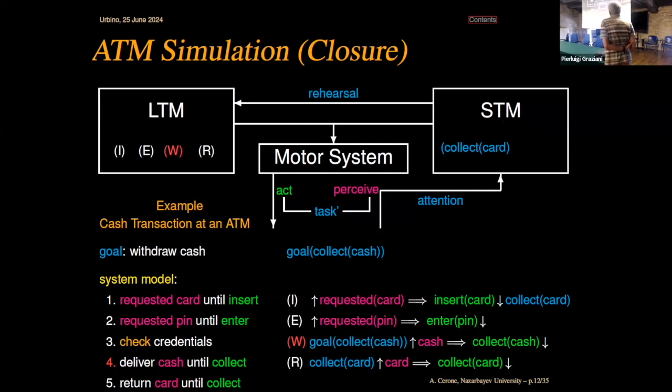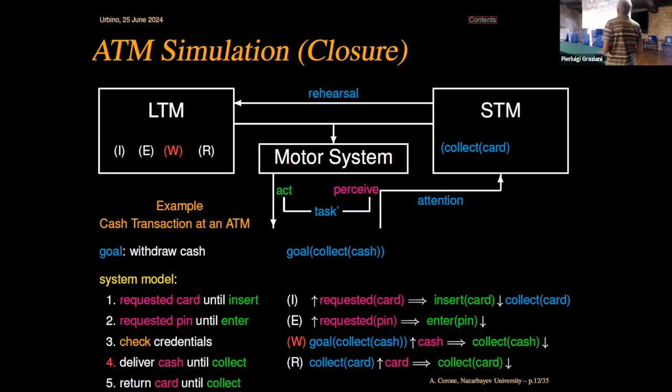And once we collect the cash, the goal will actually disappear from short-term memory. Why does it disappear? Because it is achieved. And we see this matching allows us to see that the goal has disappeared. So what's going to happen now? Well, we have here collect the card. So in principle, we can collect the card because we remember. But what happens is actually sometimes short-term memory is very short, very small.